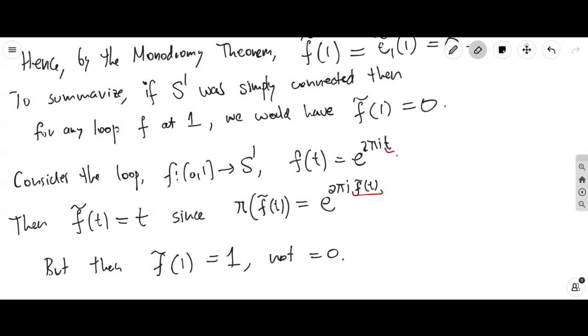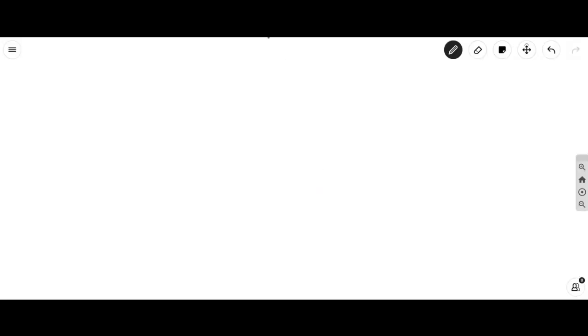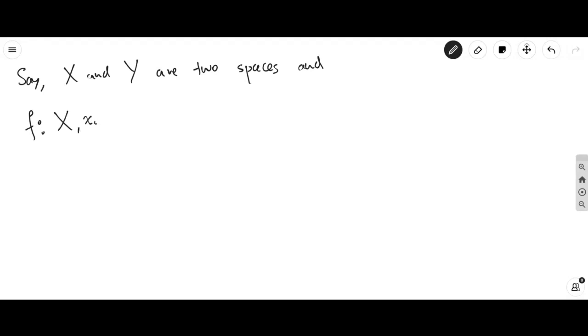And now I want to finish with one last topic, and that is basically this. Say that X and Y are two topological spaces, and f is a continuous map between them.